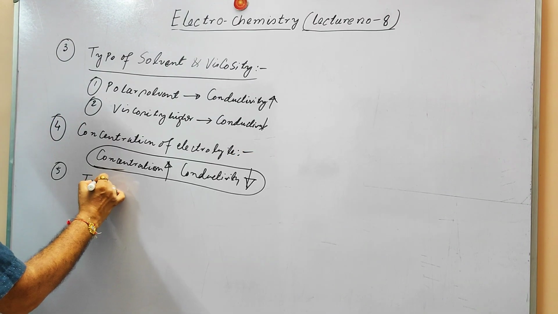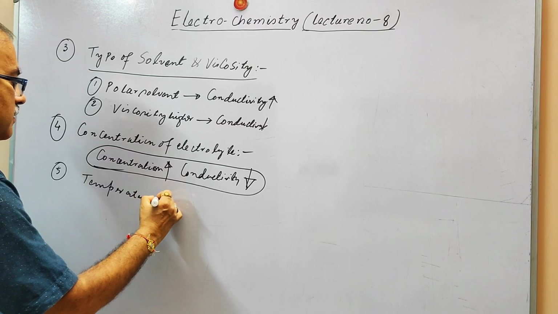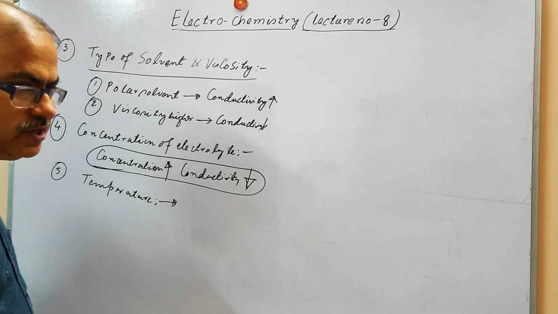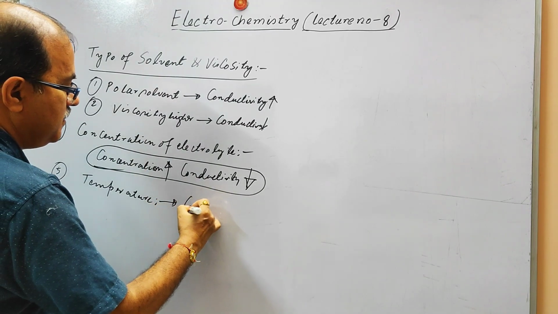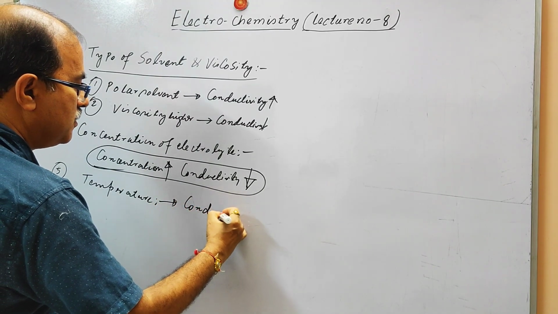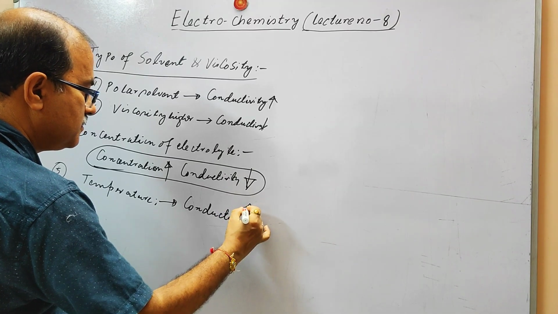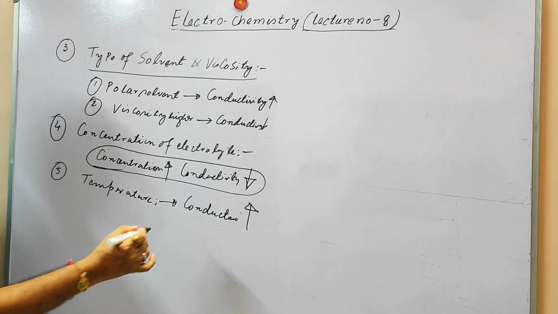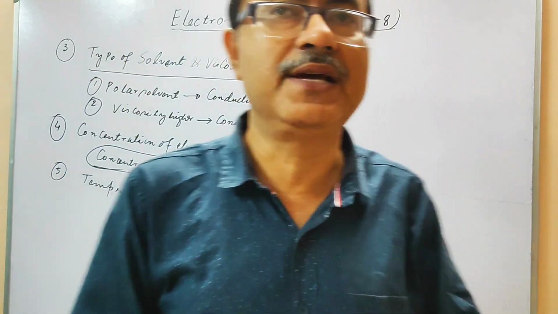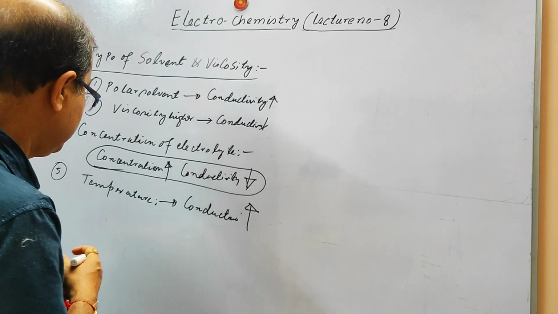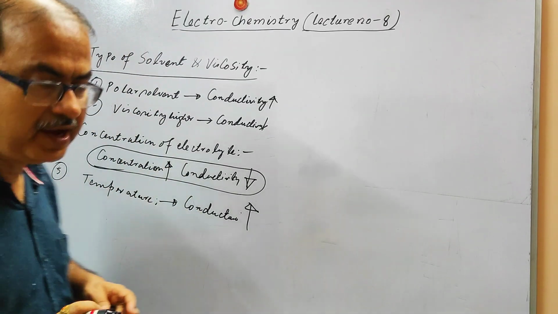How does temperature act? In the case of a metallic conductor, with the increase of temperature the conductivity decreases, but here the conductivity, or you can say conductance, increases, because with higher temperature there is a higher amount of dissociation of the electrolytes, and that will influence the conductivity.